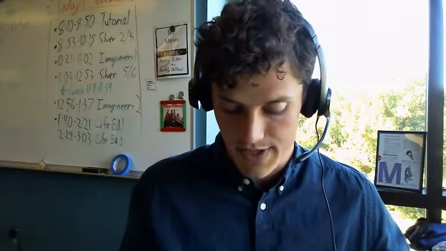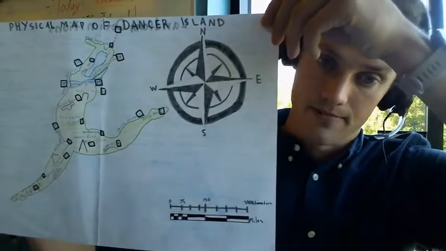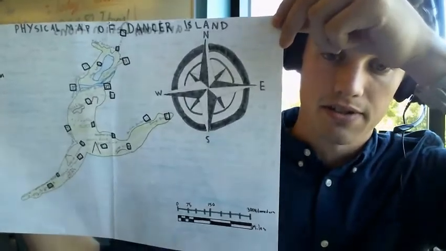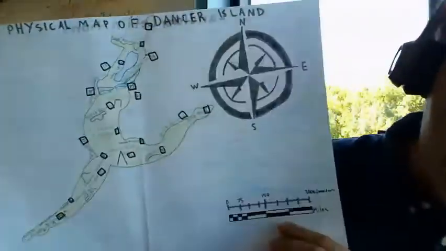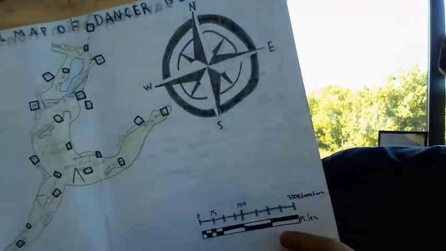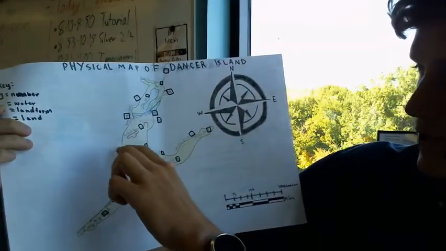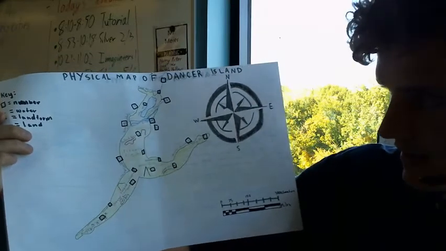So let's say, for example, you really like dancing. So this is a physical map of Dancer Island. And in this imaginary land, this past student of mine has Pirouette Plains.